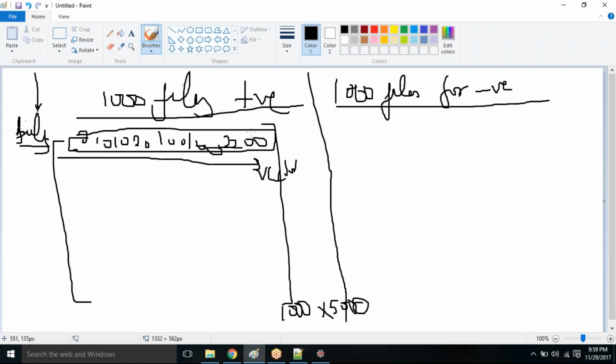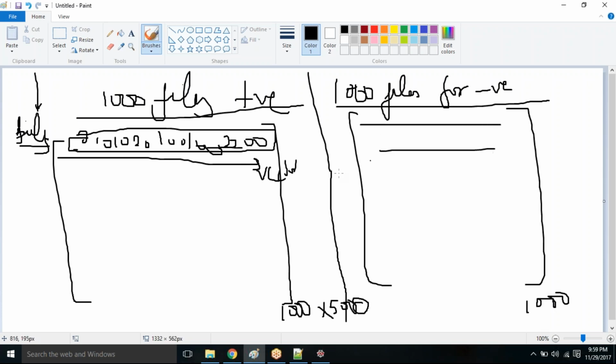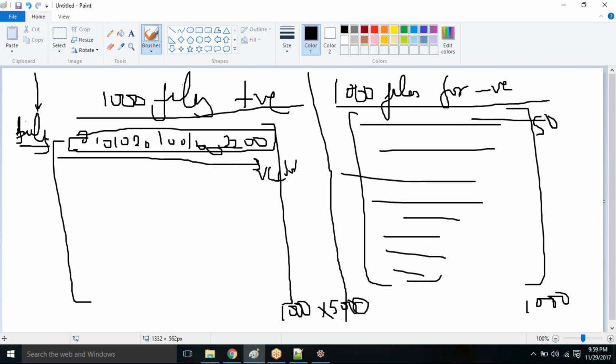So similarly we will do it for negative also. For all the 1,000 files, we will make a vector, let's say a vector of 5,000 values.